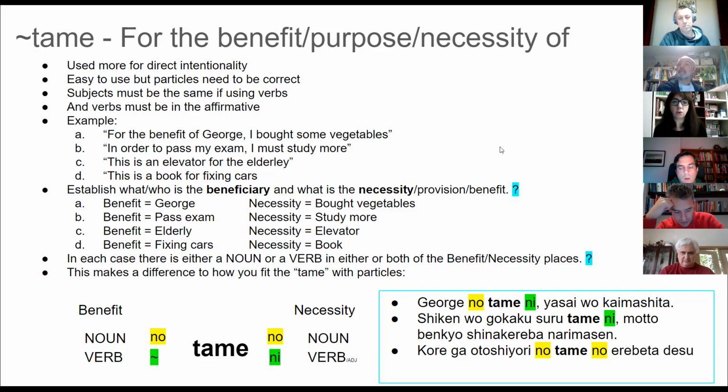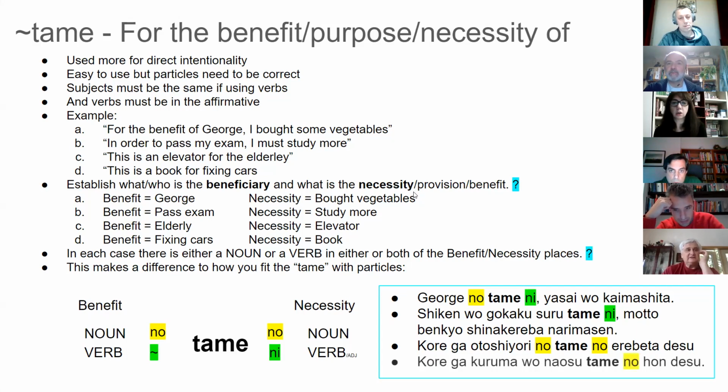That's the verb you're doing. 直します。Oh, no. You leave it in the plain form. OK。これが、車を直すための本です。Perfect.